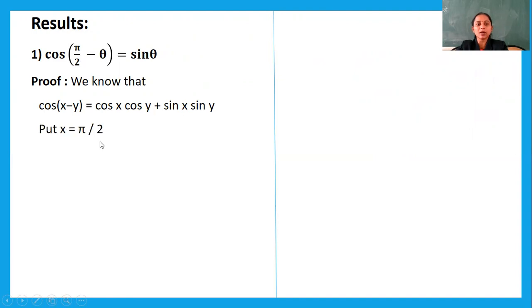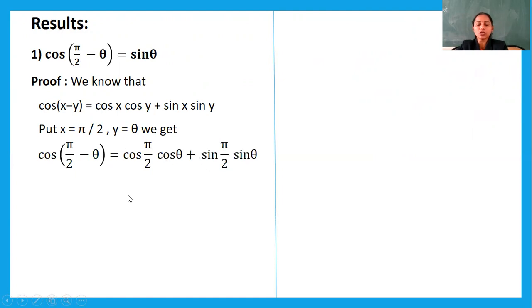Replace this by pi by 2 and theta. I have here cos(pi by 2 minus theta) is cos pi by 2 into cos theta plus sin pi by 2 sin theta. Now cos pi by 2 is 0. So this first term becomes 0 and sin pi by 2 is 1. So sin theta is the remaining, and cos(pi by 2 minus theta) becomes sin theta.